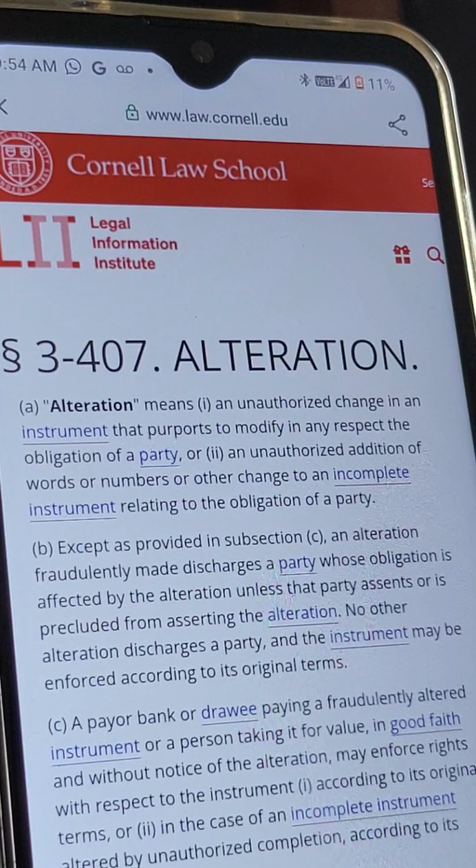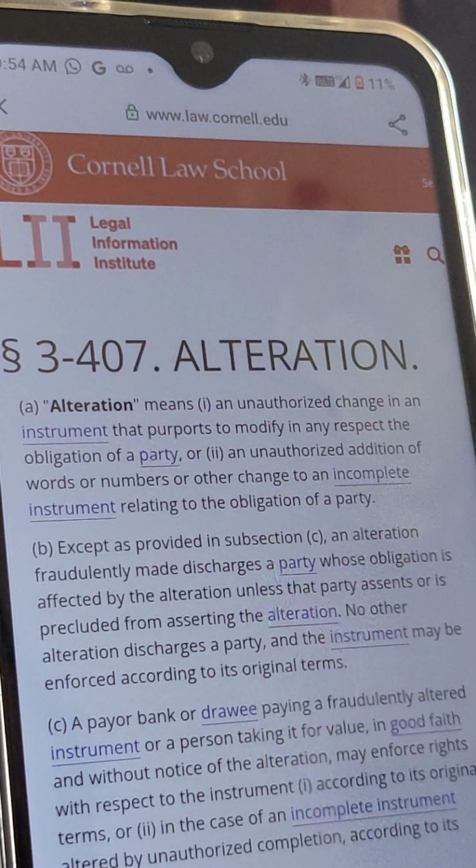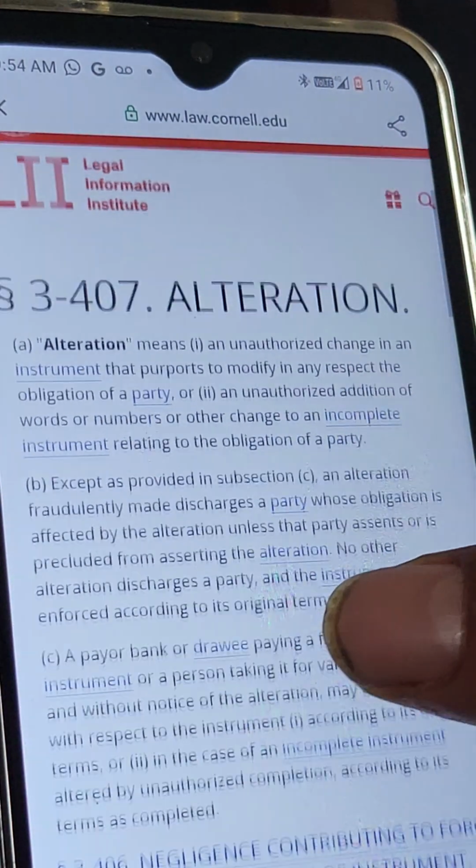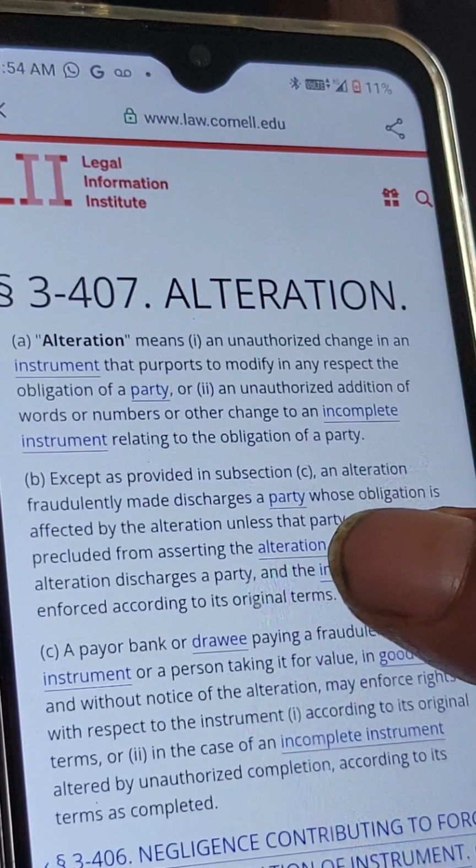So you always go back and enforce your rights to the original terms. Or, in the case of an incomplete instrument altered by unauthorized completion, according to its terms as completed.